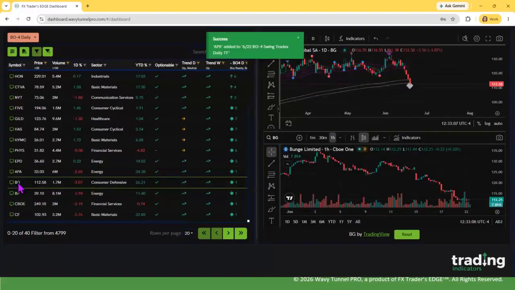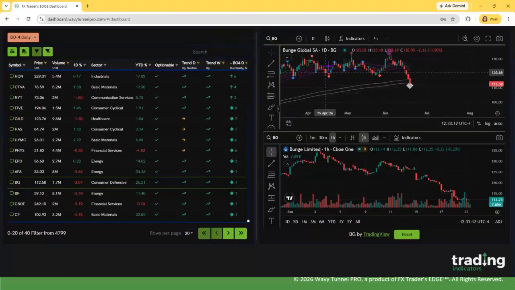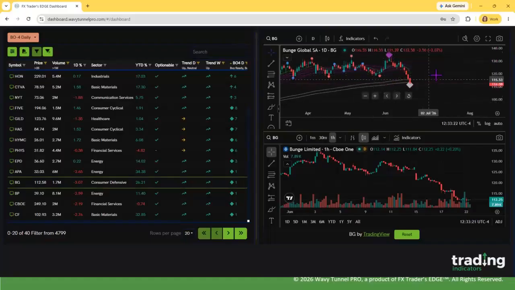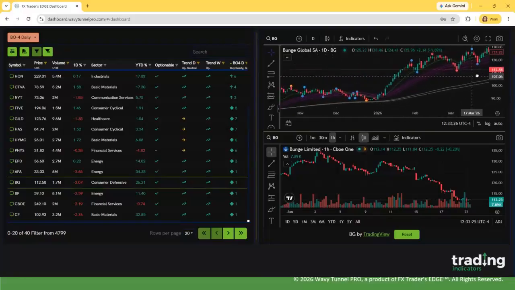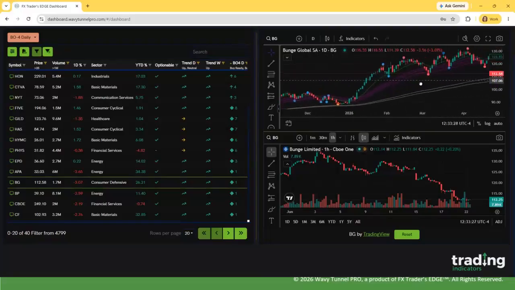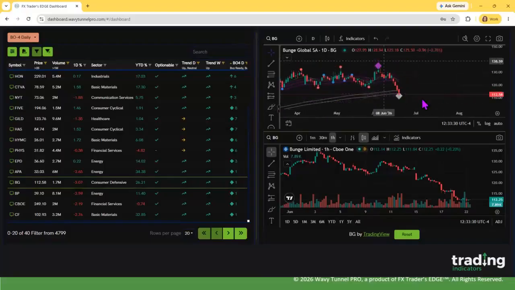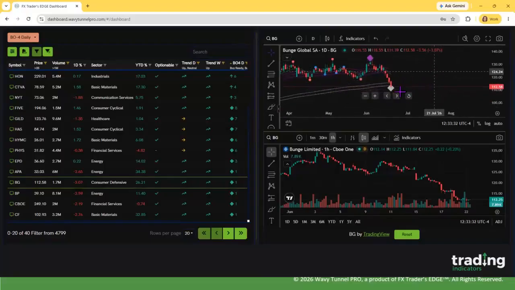BG, Consumer Defensive. This is a very, very quick correction down to the wave, so the tunnel, so we need some back and forth. Let me just go back and see how this has performed. Yeah, this is nice, but I would expect to have more consolidation, but I will put this on the watch list.